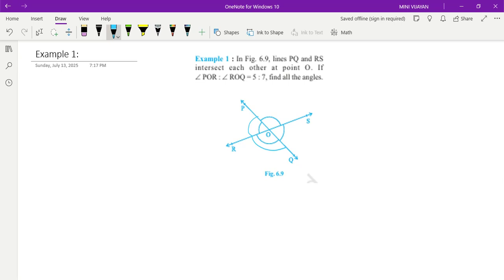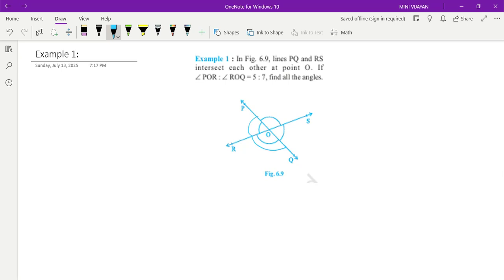We can see that these two angles form a straight line. Which straight line is formed when angle POR and angle ROQ are joined together? When these two angles join together, they form the straight line PQ. What is the measure of the angle on the straight line PQ?